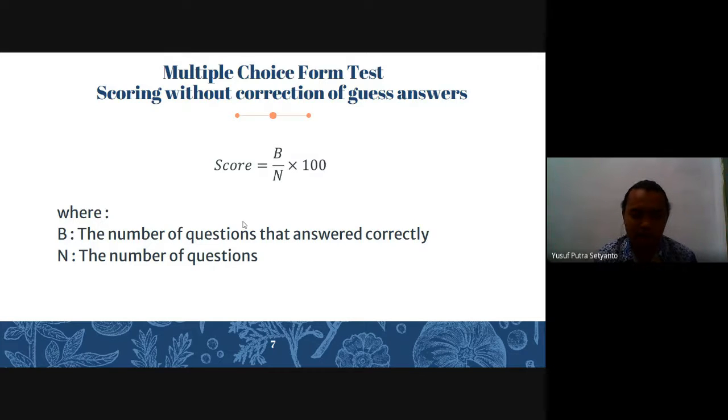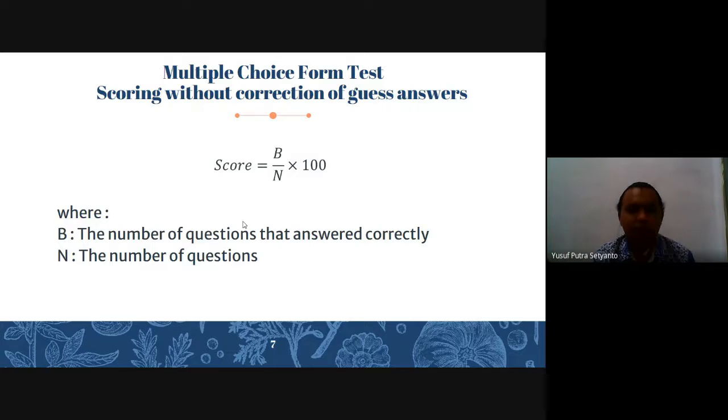However, this scoring technique actually contains a weakness because it is not able to prevent test takers from speculating in answering the test. This is because there is no risk for students when guessing in choosing an answer.